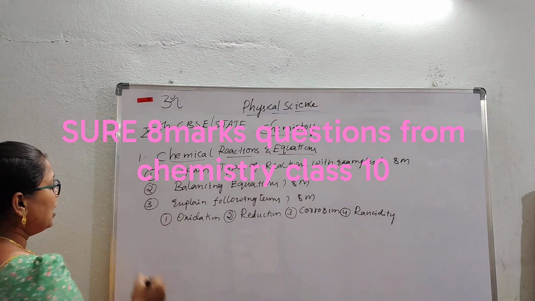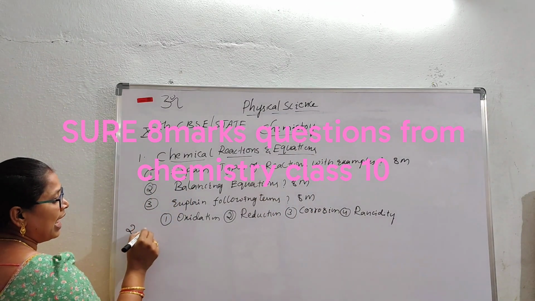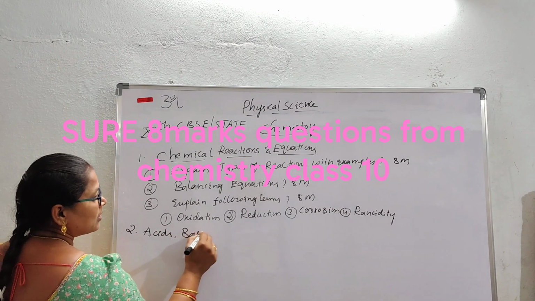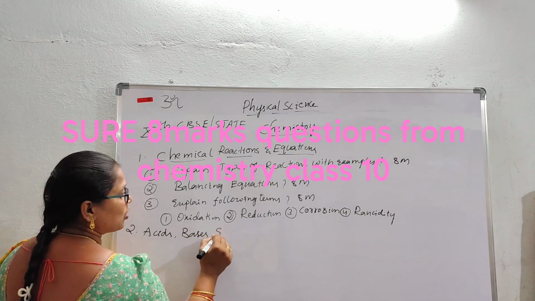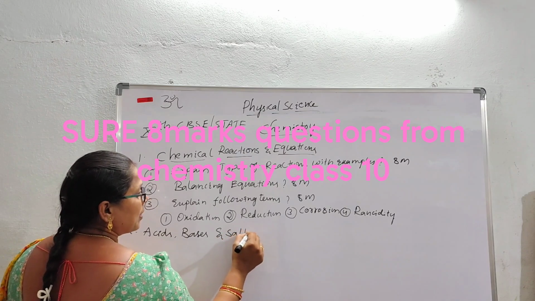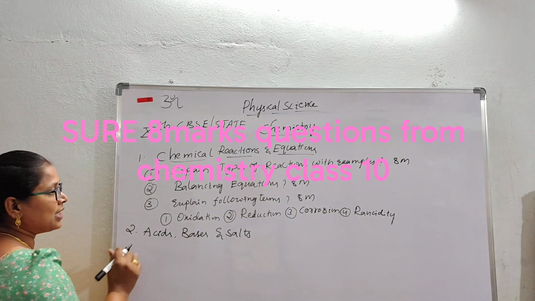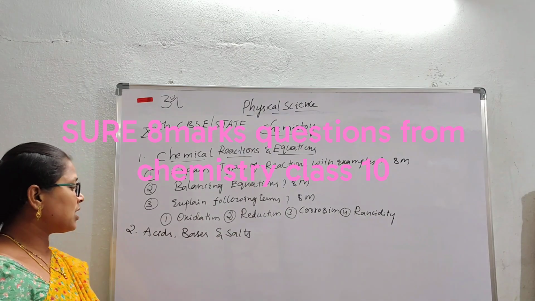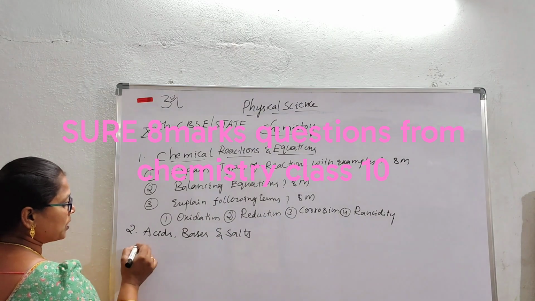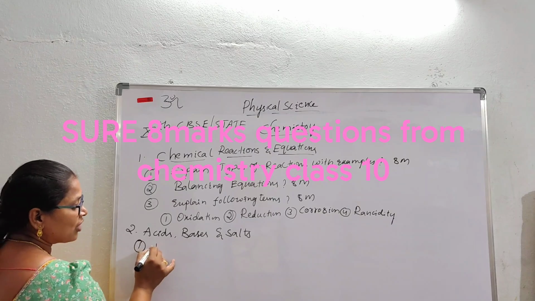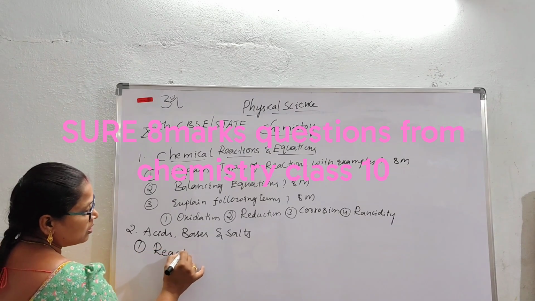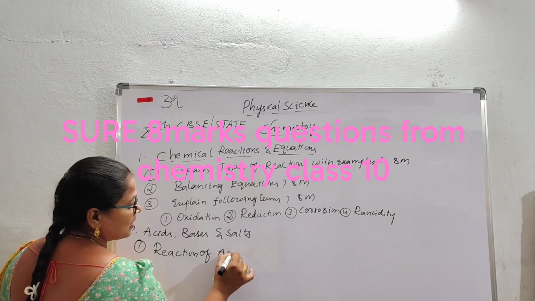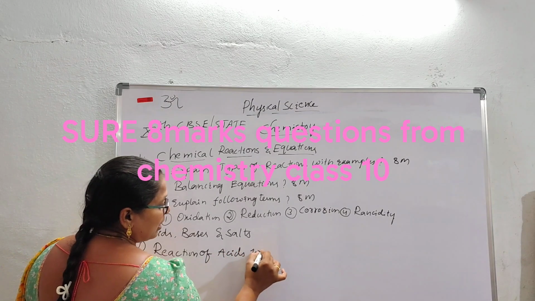And let us go for the second lesson, that is acids, bases and salts. This is the second lesson in the chemistry part. From this lesson, the expected 8-mark questions are: first one, reaction of acids with metals.